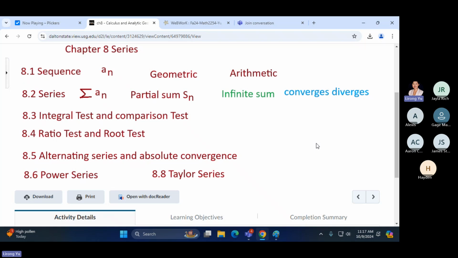And then in 8.3, 8.4, and 8.5, we start talking about how we know if a series converges or diverges. In 8.3, we talk about two tests. One is the integral test. You turn the summation of the infinite sum into an integral. It will be an improper integral since the upper limit is infinity.